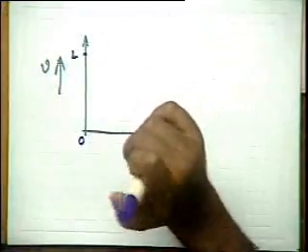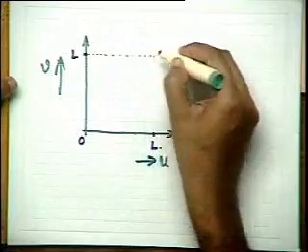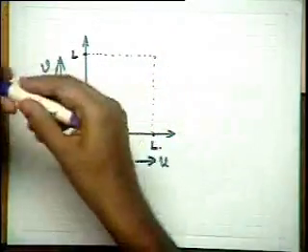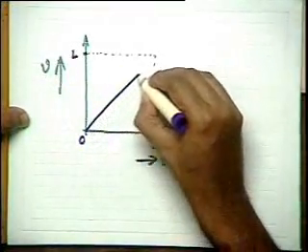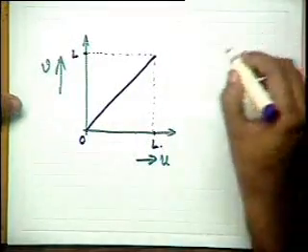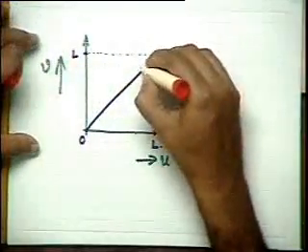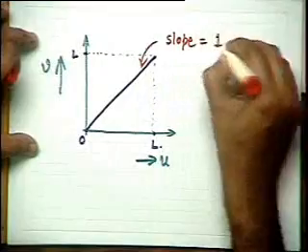Now I can take various types of transfer functions. Supposing I take a transfer function like this, where this is 0 to L, again this is 0 to L, and the slope of this line I take as unity, plus 1.